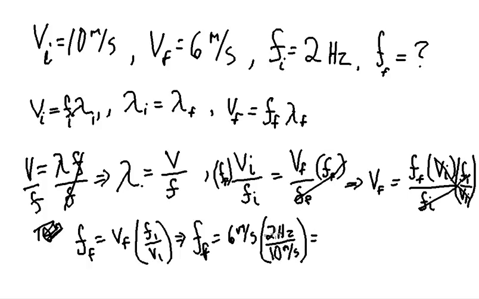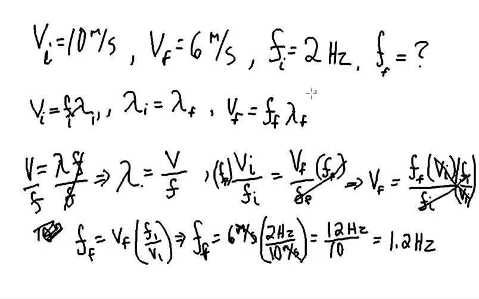All right, 6 times 2 is 12. Our meters per second cancel out. We have 12 hertz up top divided by 10, because we already canceled out these units. 12 divided by 10 is 1.2 hertz.